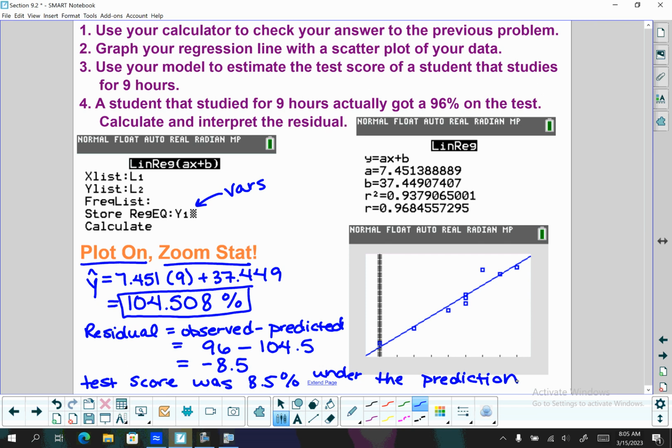Okay, that's where we're going to hit vars, Y vars, 3. Okay, so now calculate it. It'll look the same. But you go to Y equals. And now just do 9.